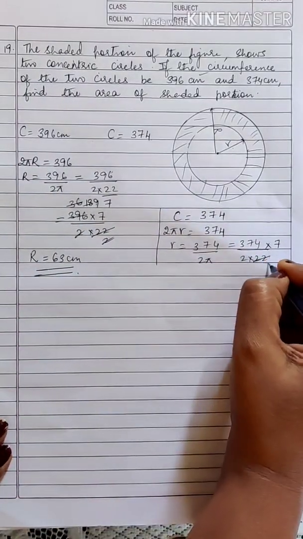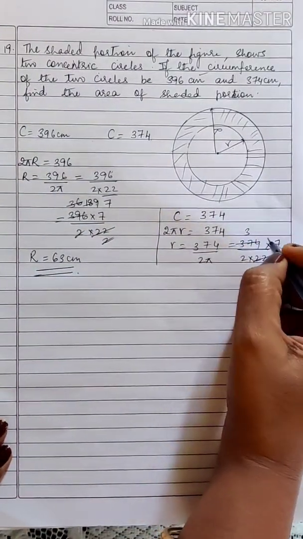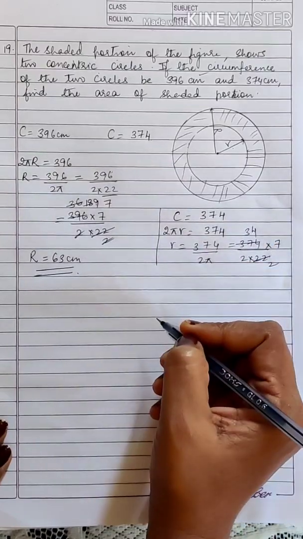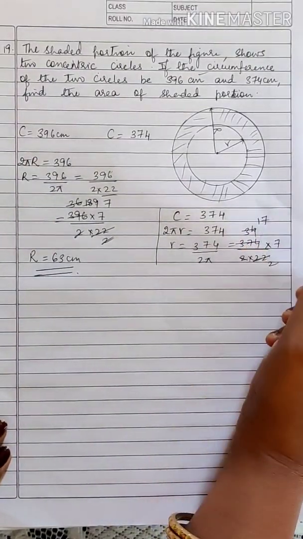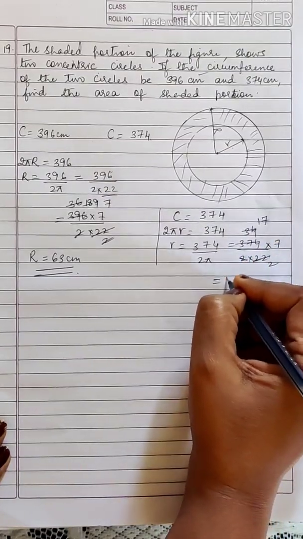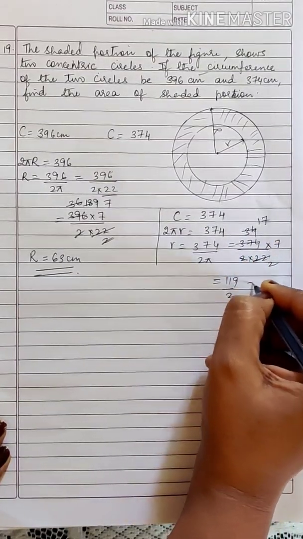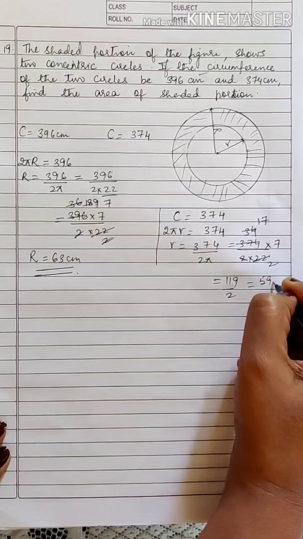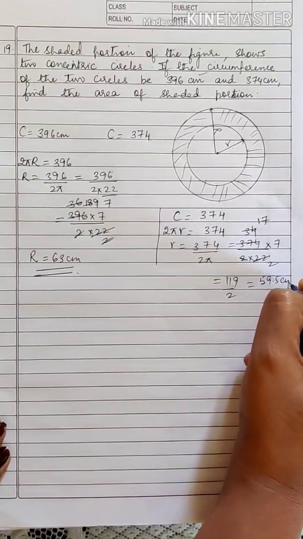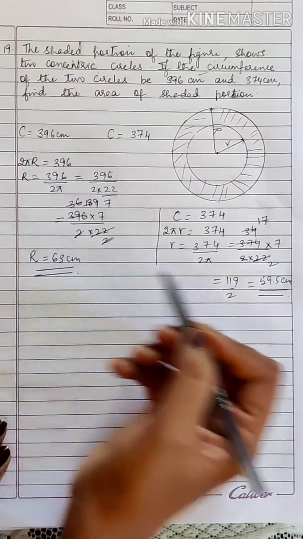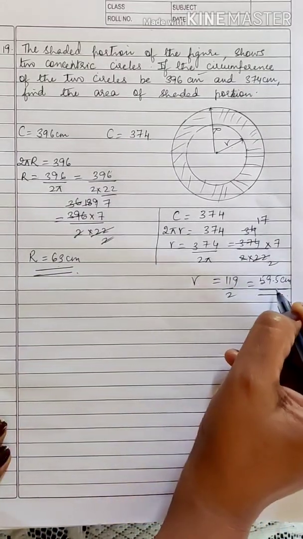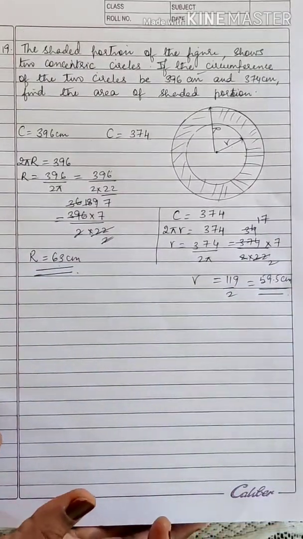Again cancel it. 11 2s are 22, 11 3s are 33, and this will become 34. 2 and 17. 17 7s are 119 by 2, which is equal to 59.5 centimeter. So here the radius of the bigger circle is 63 and the radius of the smaller circle is 59.5.